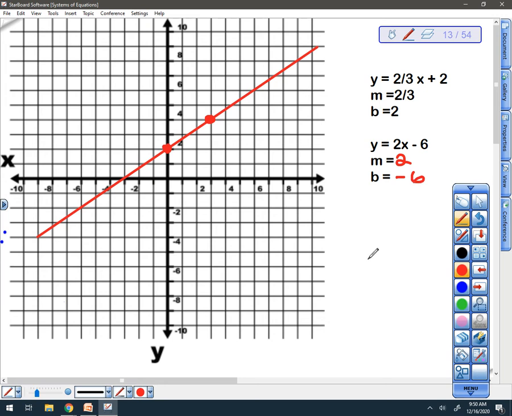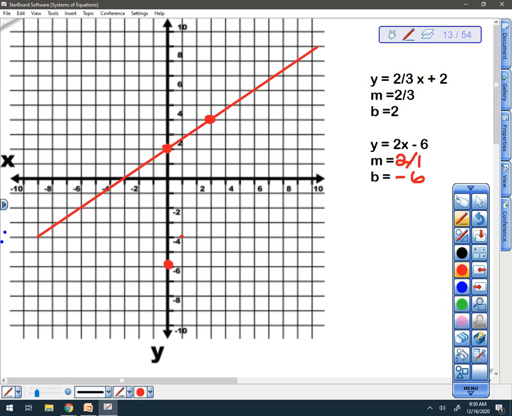So then I've got to graph it. Remember, anytime your slope is a whole number, it helps if you just put it over 1. So I'm going to start at negative 6 on the y-axis. So here's the y-axis. I'm going to go to negative 6, put a dot. And then how is this going to move? You look at the slope. The slope is 2 over 1. It's going to go up 2 over 1, up 2 over 1, and keep going.